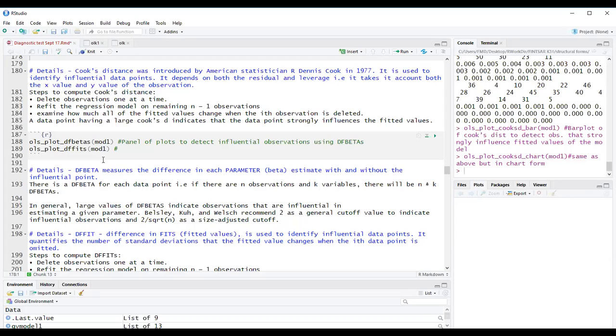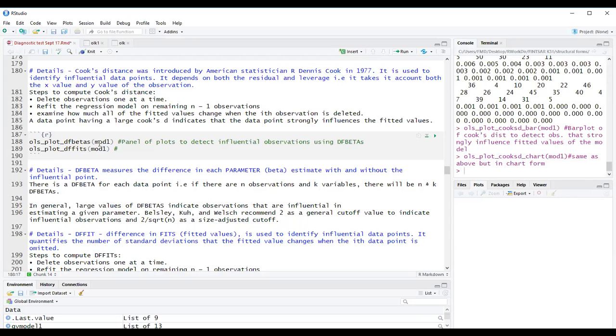Yung kinukuha yung difference nila. Ang tawag doon, difference in the fitted value. Tapos, isasum lang yun, tapos i-divide ng a certain factor para makuha tong DF fits. Okay? Ganun din si DF beta. Ang kino-compare naman, guys, yung mga betas natin, yung mga coefficients.